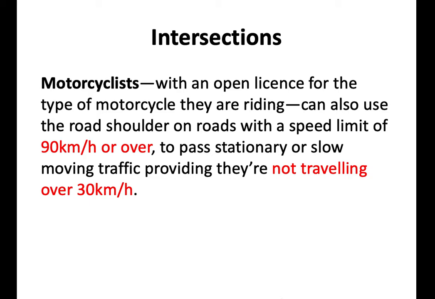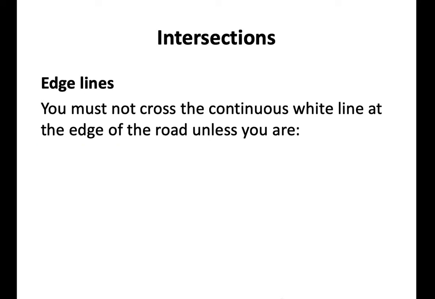A good example of where I've seen that is, again, forgive me for our regional applicants, but in southeast Queensland, if you're driving home from the Sunshine Coast back to Brisbane on a Sunday afternoon, you see this play out a lot because the traffic's very slow moving and the motorcycles will use the road shoulder in those situations on the freeway to head back to Brisbane.